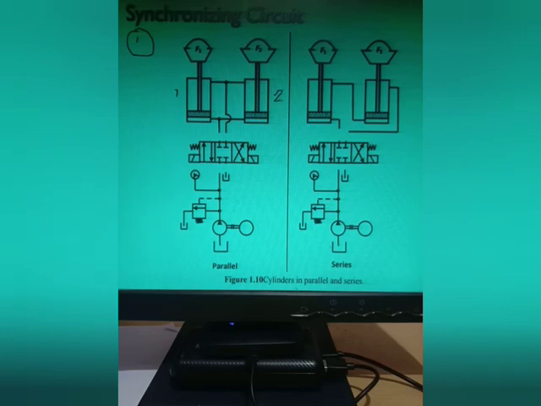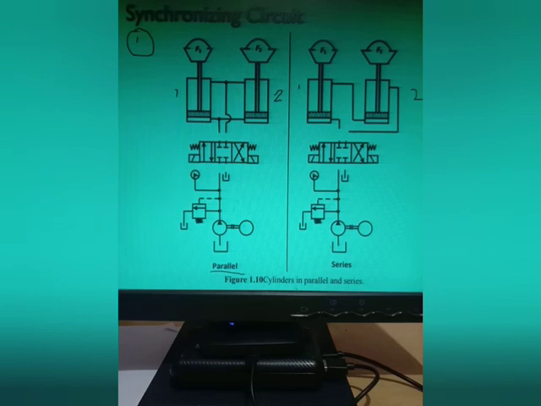These two actuators are operated at one time, and as these actuators are actuated at one time, they are known as actuators connected in parallel. Here you can see the two actuators, cylinder number 1 and cylinder number 2.